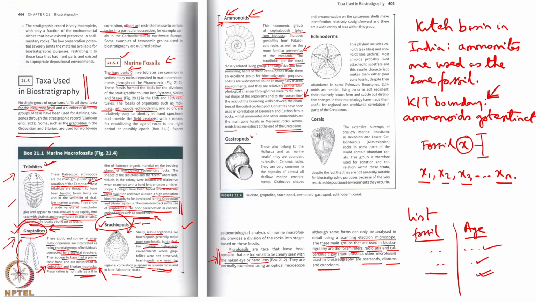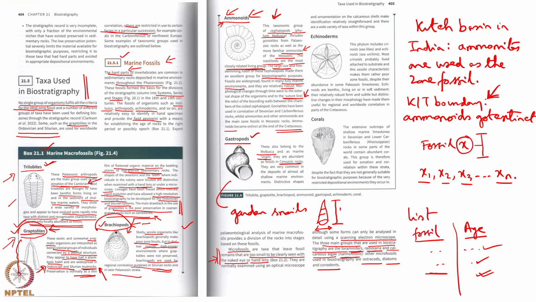Let us look at the gastropods. These also belong to the Mollusca. We said earlier ammonoids belong to the Mollusca, and the marine snails are abundant as fossils in the Cenozoic rocks. We can also find examples of garden snails where this kind of geometry can be seen, where the shell is much more elongated than its width.